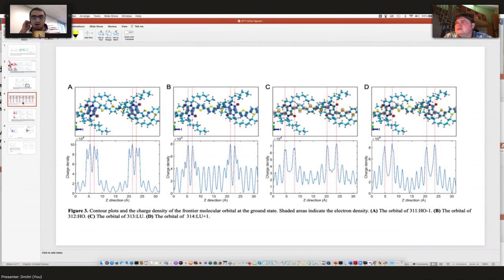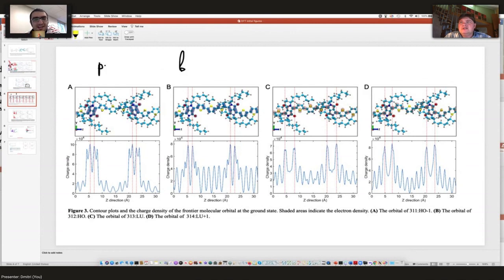Okay, I understand. Also, in the future, if you share how you plotted this bottom graph, I would appreciate it. Which graph? The bottom row here, the graph of the density. Oh, okay. I'll tell you later.